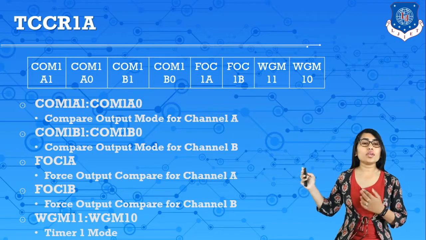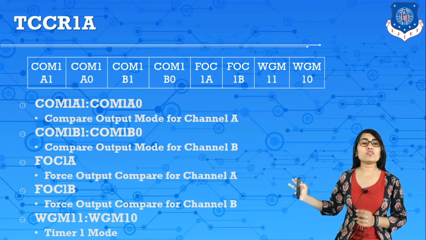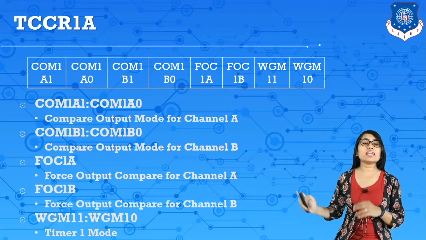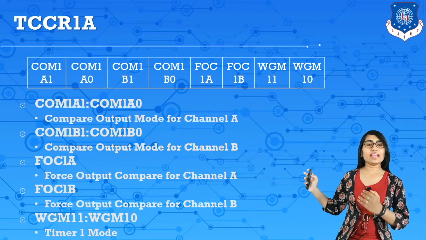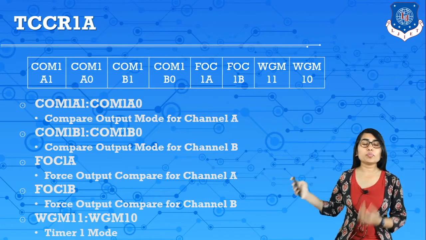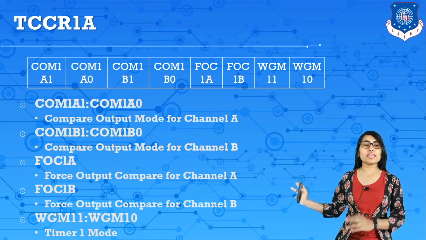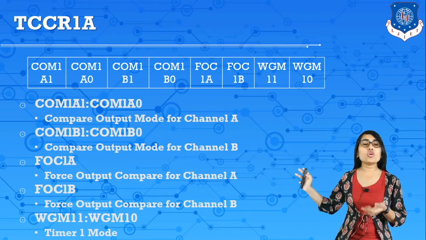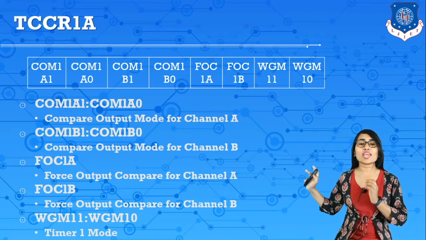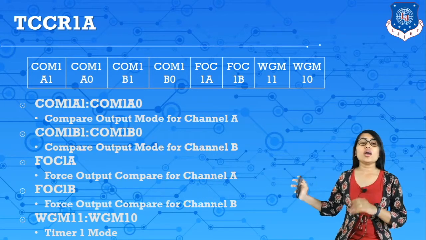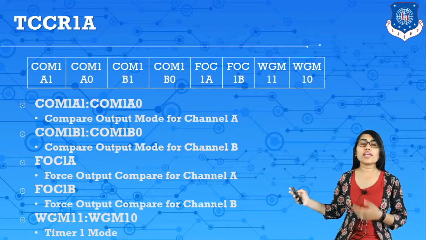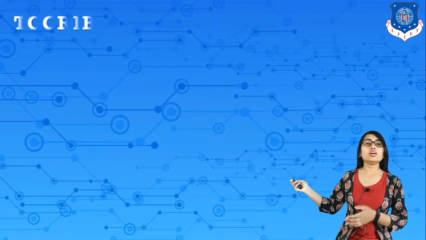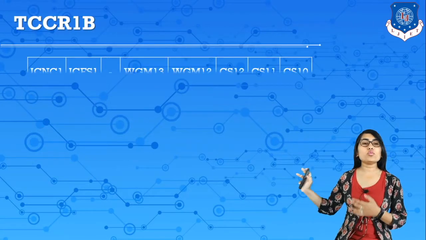COM1A1 and COM1A0 are the compare match output bits for channel A, and next are those for channel B. Then FOC1A and FOC1B force output compare for channel A and channel B, and WGM11 and WGM10 are for the Timer 1 mode.